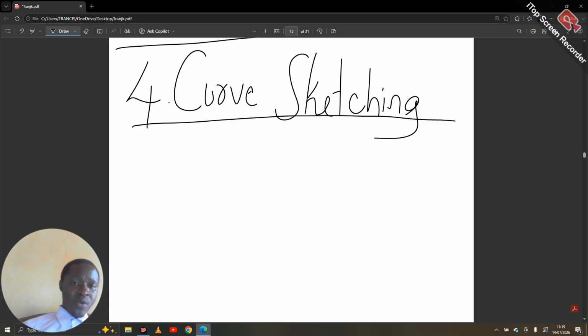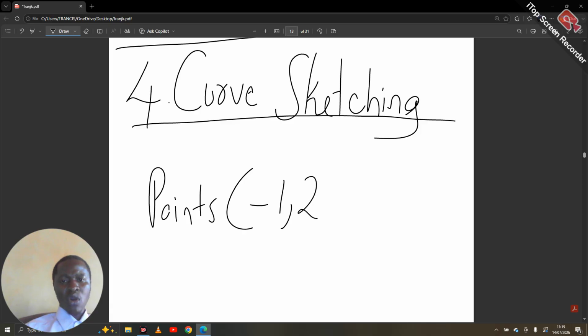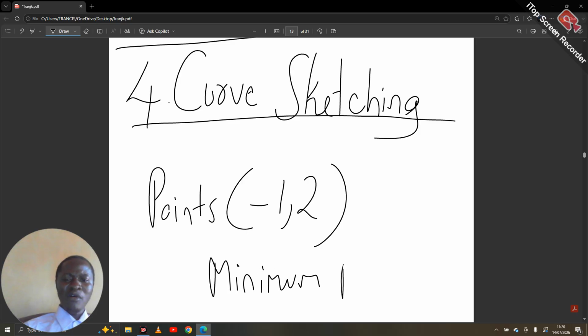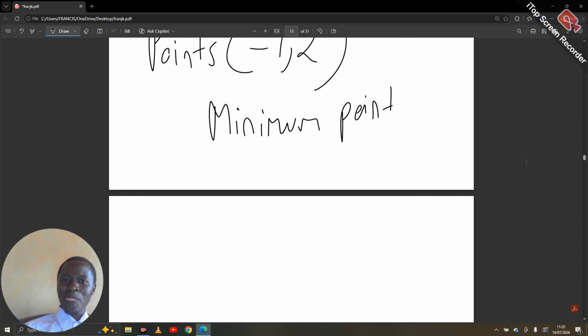Now under direct, we had the point to be (-1, 2). And determining its nature, the nature was that it was a minimum point. The nature of (-1, 2) was a minimum point.